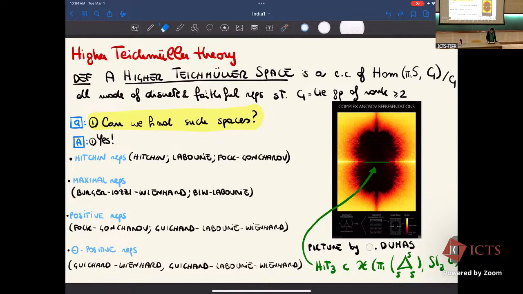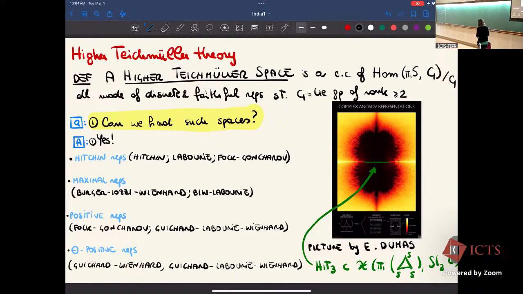This picture is by Emily Dumas, and is based on work of Gisson, Lee, and Stecker, where they look at Anosov representations in the one-dimensional complex setting, and they have a method to say exactly when certain representations are Anosov. This is the picture that we will see soon, but the Hitchin picture in this setting is this green line.